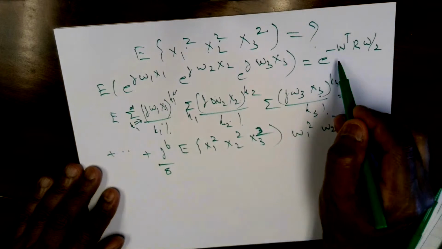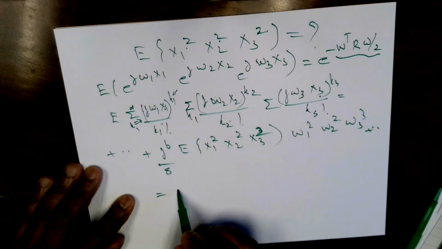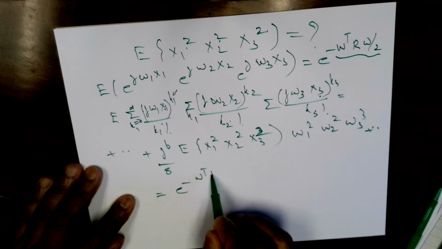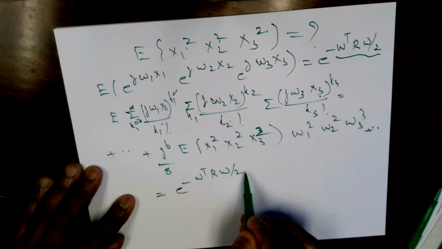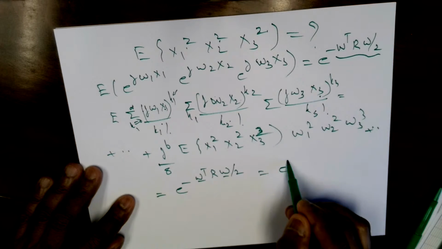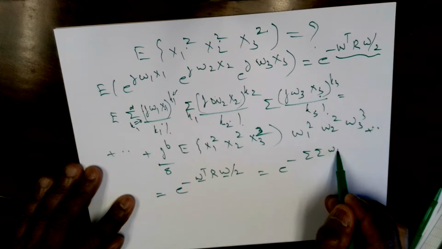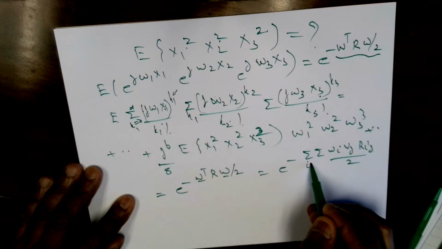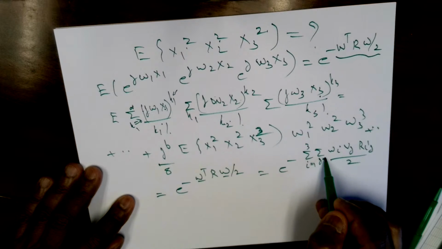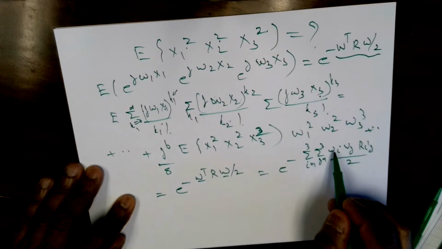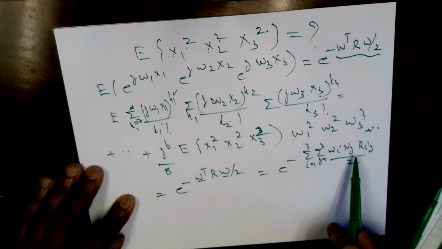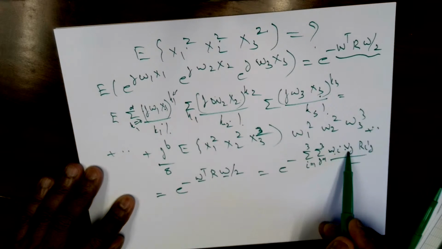So the question is now we should expand the right side and see. The right side is e raised to minus omega transpose R omega by 2. This is e raised to minus the double summation of omega i omega j r ij by 2, i goes from 1 to 3, j goes from 1 to 3. Notice that this is one power. We want two powers on each, so you have terms like omega 1 omega 2, omega 2 omega 3.